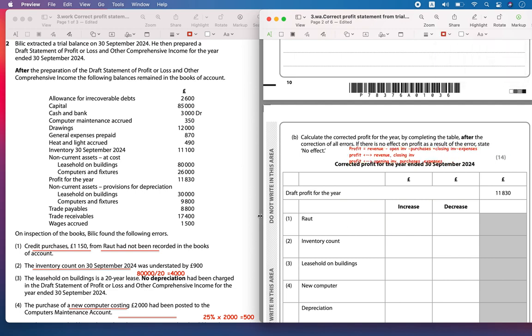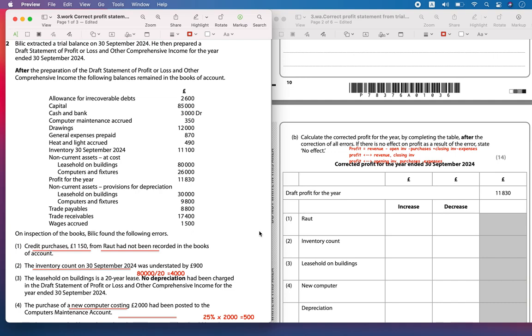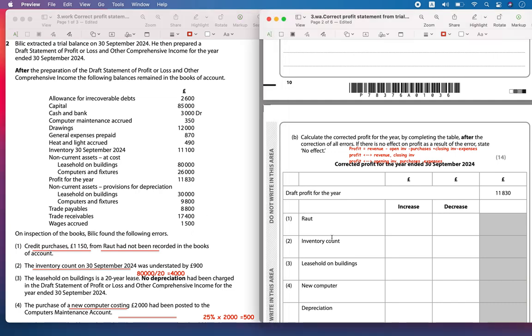The first one is a purchase, so an increase in purchases will result in a decrease in profit. This is an inverse relation.